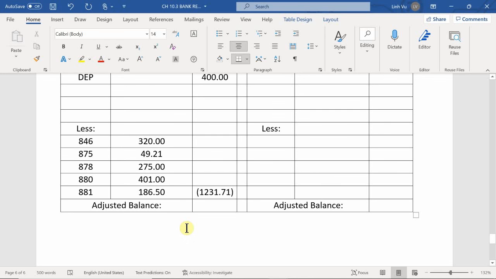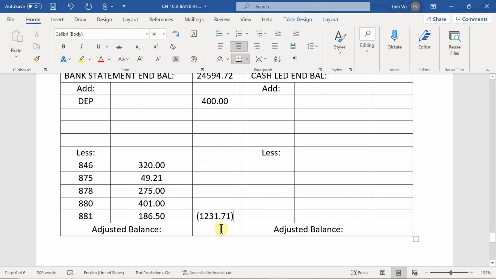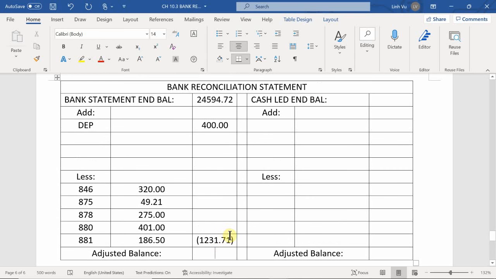I'm not done counting. So 320 plus 49.21 plus 275 plus 401. Yeah, I got the same thing now.